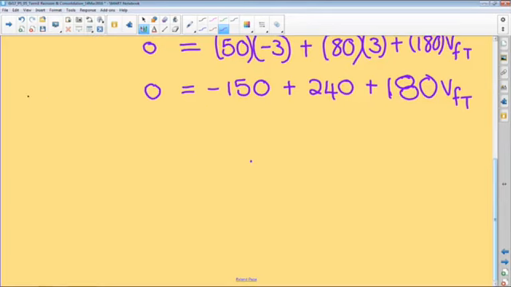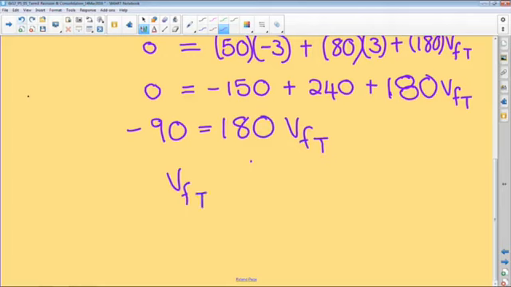That 90 is going to have to go over to the left-hand side. So it's going to be minus 90 equals 180 vt, for the trolley. So now I go 90 divided by 180, which is 0,5, but it's minus 0,5. What does that mean, grade 12s?